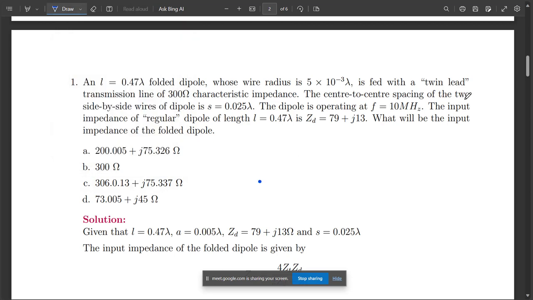The center to center spacing of the two side by side wires of the dipole is S equal to 0.25 lambda. The dipole is operating at f equal to 10 megahertz. The input impedance of a regular dipole of length 0.47 lambda is ZD equal to 79 plus j30. What will be the input impedance of the folded dipole?